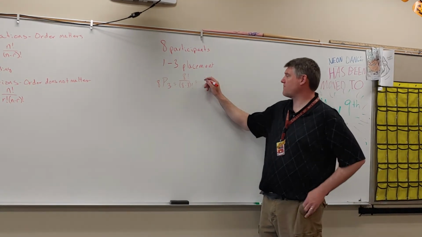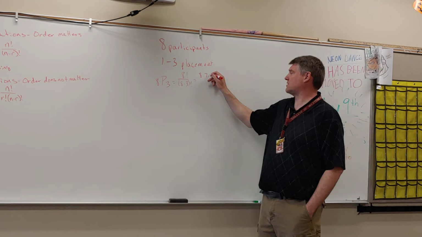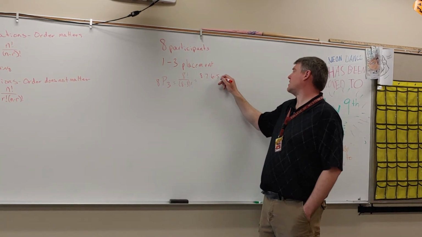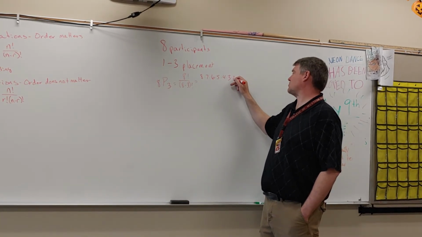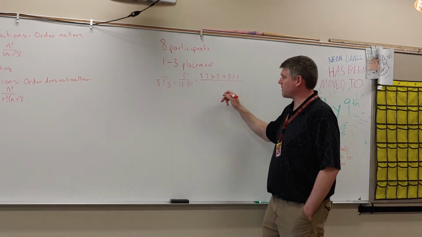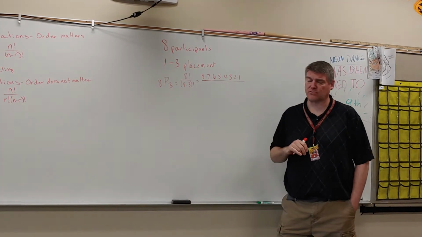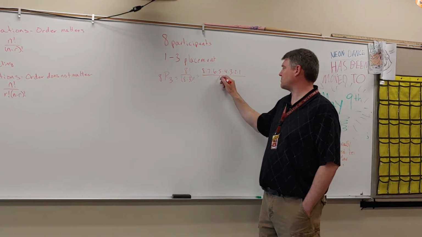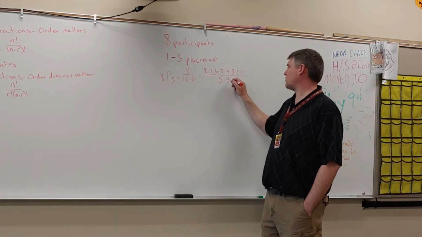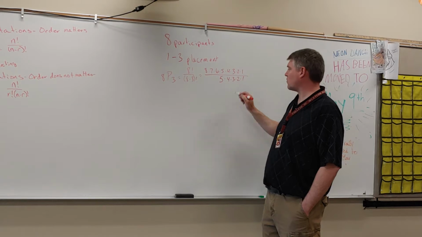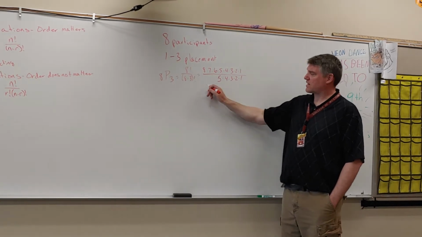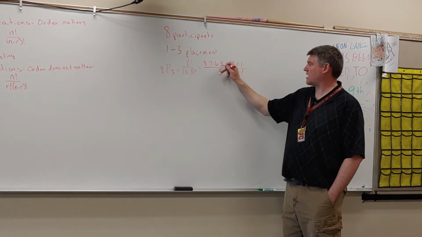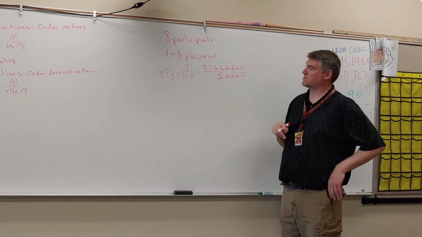If you remember, 8 factorial is 8 times 7 times 6 times 5 times 4 times 3 times 2 times 1. And here I have 8 minus 3, which is 5, so that gives me 5 factorial, which is 5 times 4 times 3 times 2 times 1. When I look at this, these whole pieces cancel out.